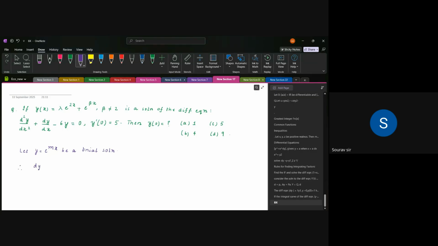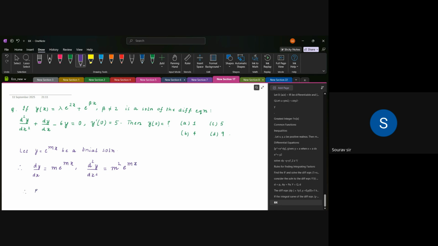So that means your dy by dx will be m times e to the power mx, and your d2y by dx2 will be m squared times e to the power mx.